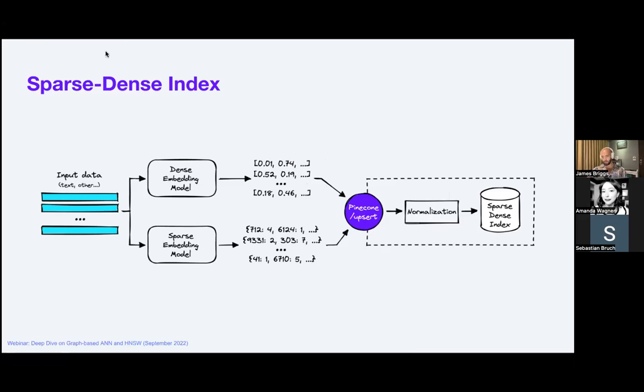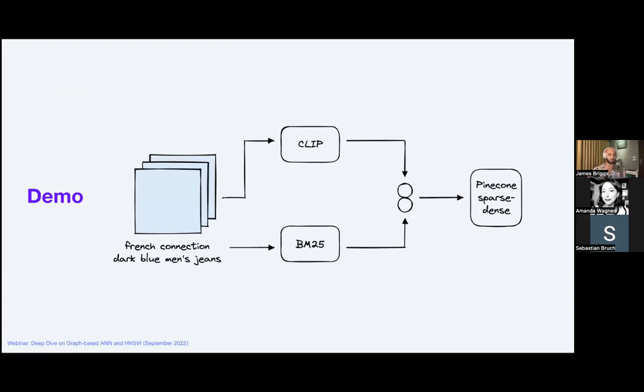Now, what we'll do, just to give you a bit of grounding on what that actually looks like, is we'll go through a demo. So in this demo, it's actually going to be a few different things, just to give an example of how you can use this sort of method.